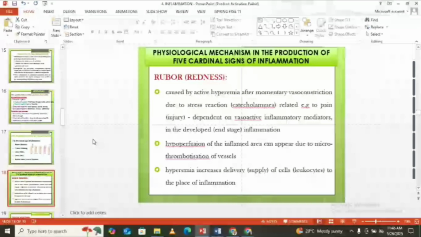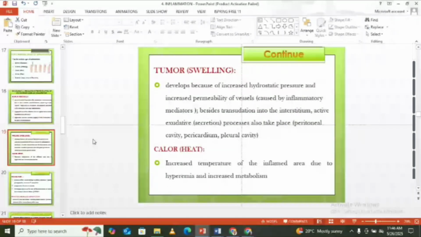So with redness, usually it is as a result of vasodilation, which leads to the various chemical mediators being released, those vasoactive inflammatory mediators, which present with redness around the area of inflammation. Of course, there will be increased perfusion to the area where there is that inflammation.